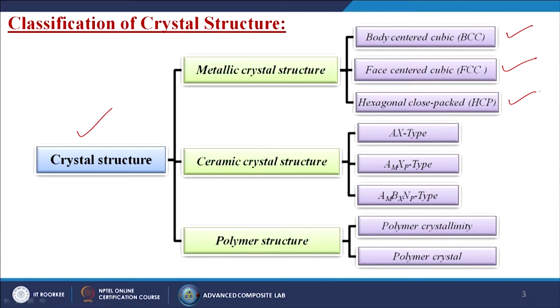For the ceramic crystal structure, it is generally AX type, AmXp type, AmBnXp type, and for the polymer structure, generally polymer crystallinity and polymer crystal.